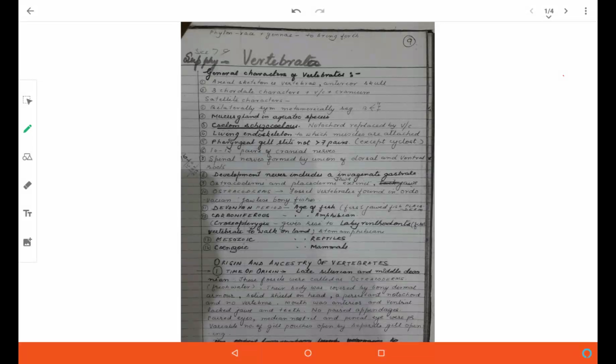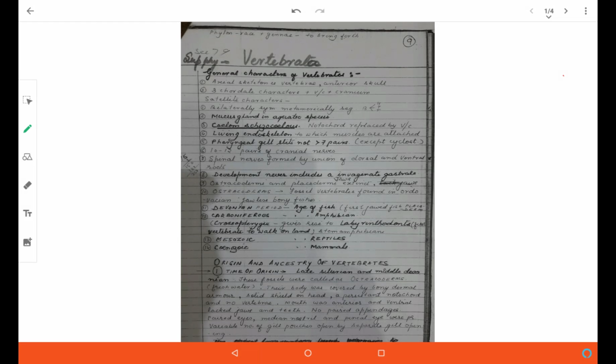Apart from these two characters, the three fundamental chordate characters which we had discussed in the earlier lectures are also present, which were the dorsal hollow tubular nerve cord, the presence of notochord, and paired gill slits in one or the other part of life.